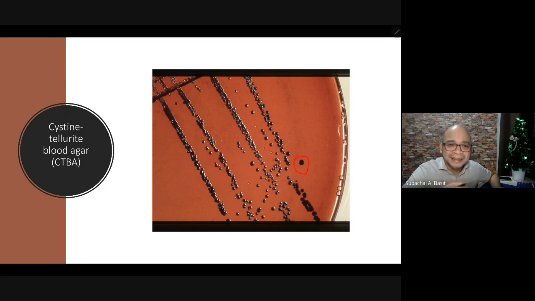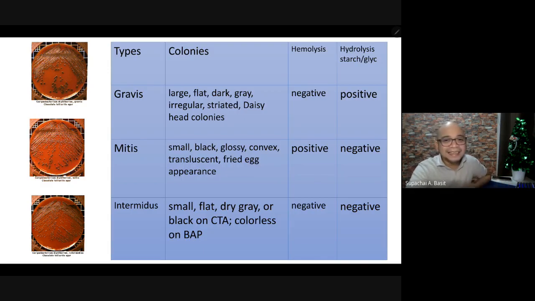So it is selective and differential. Selective because it only allows Corynebacterium to grow, differential because we can differentiate three important varieties of Corynebacterium diphtheriae: gravis, mitis, and intermedius.